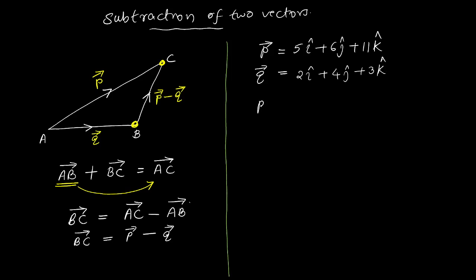How will you find P minus Q? Do we need to draw the diagram? Not required. You simply subtract them, just like in the normal way, subtracting similar terms. 5i minus 2i is 3i. 6j minus 4j is 2j. 11k minus 3k is 8k. If the vectors are given in terms of i, j, k, addition, subtraction and multiplication by a scalar are all very simple. Geometrically, this is the meaning of the difference of two vectors.